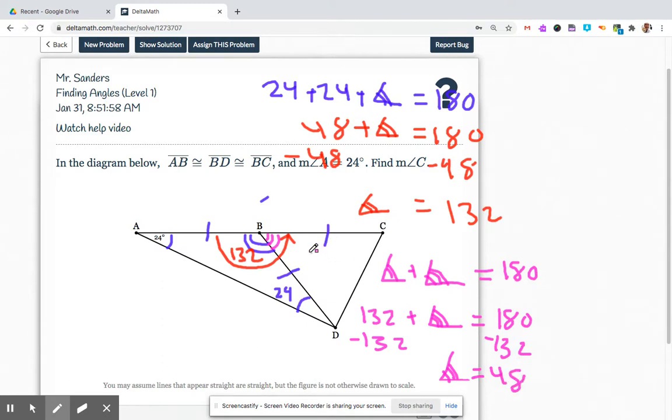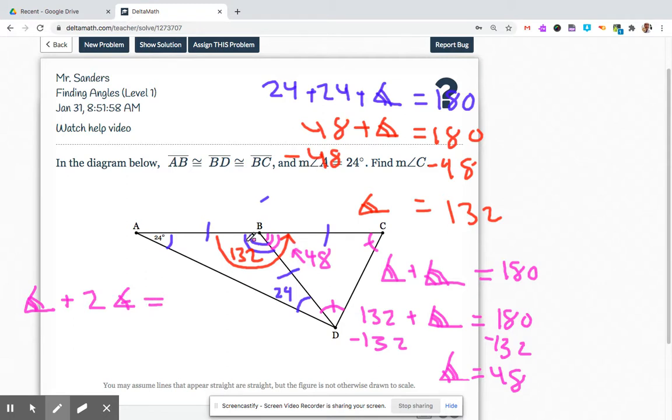All right, almost there. So I found out this one is 48. And these two have matching sides again. So I'll give this a 1 tick, and this angle a 1 tick. The angles have to match when the sides are matching. So we got our triple angle plus our 2 single tick angles.